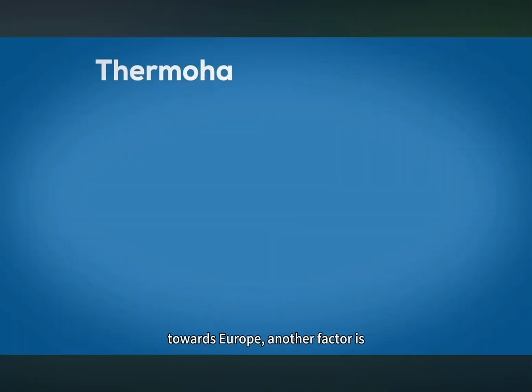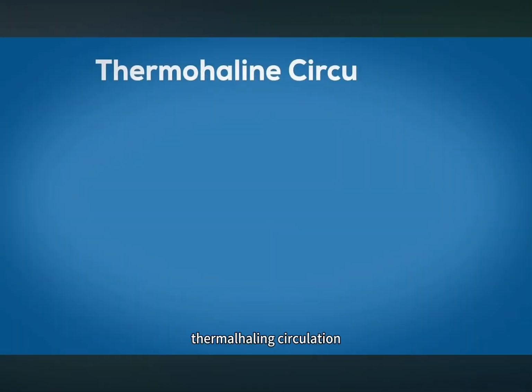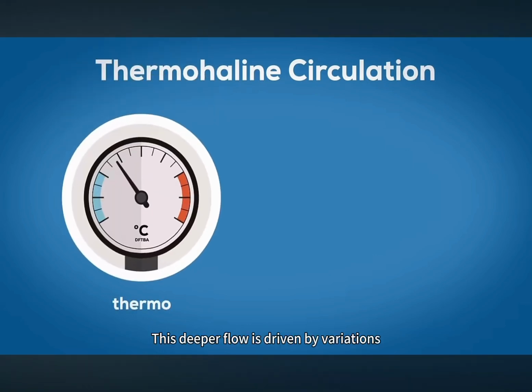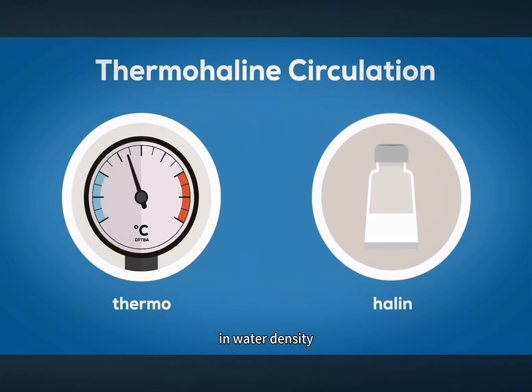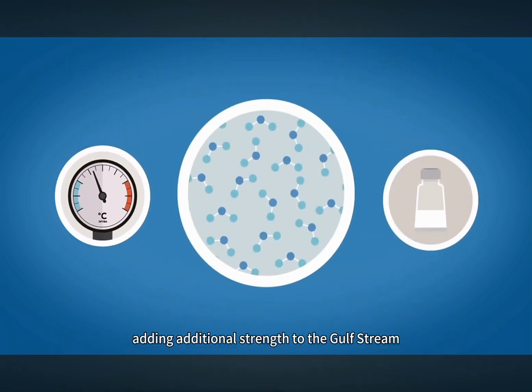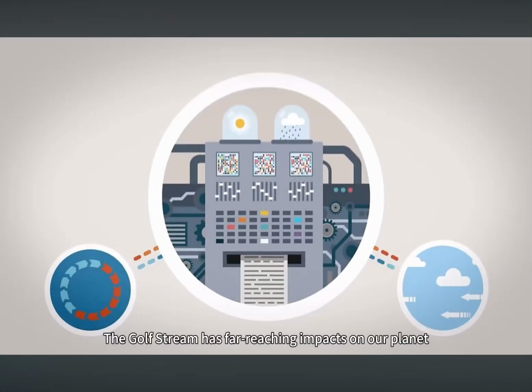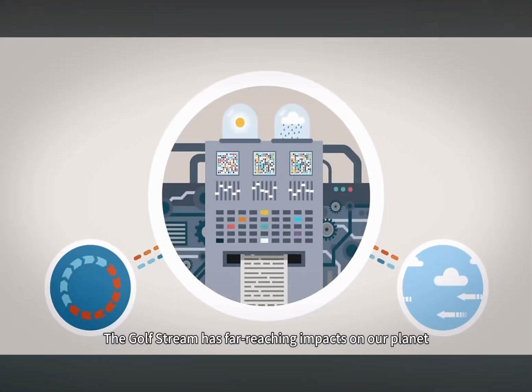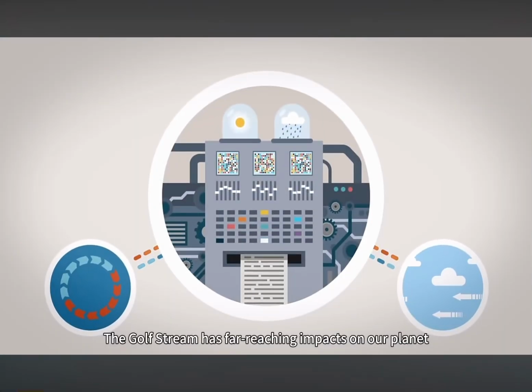Another factor is thermohaline circulation, also called the global conveyor belt. This deeper flow is driven by variations in water density caused by temperature and salinity differences, adding additional strength to the Gulf Stream. The Gulf Stream has far-reaching impacts on our planet.